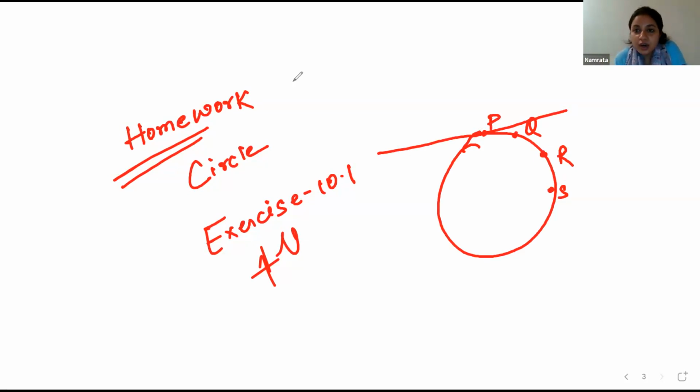Whenever the question asks how many tangents you can draw through a point of contact, you will answer that through one point we can draw only one tangent in a circle.